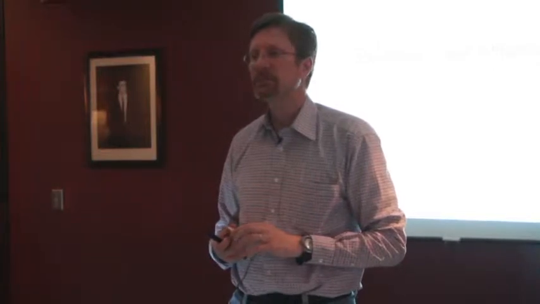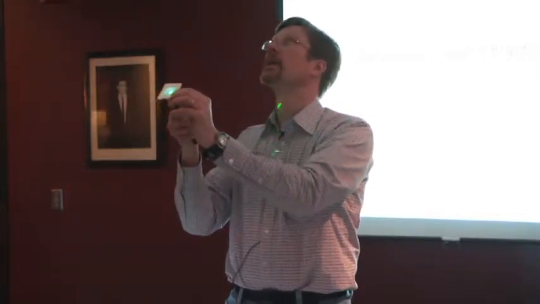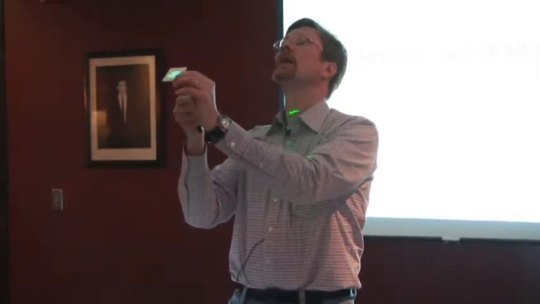What happens if I take two of these diffraction gratings and turn them 90 degrees? So now I have one set of lines that's going this way, another set of lines that's going this way. What's going to happen when I shine my laser through? We're going to now get an array of spots.